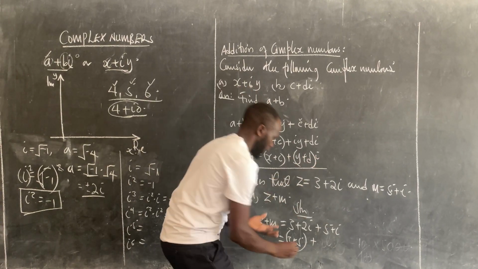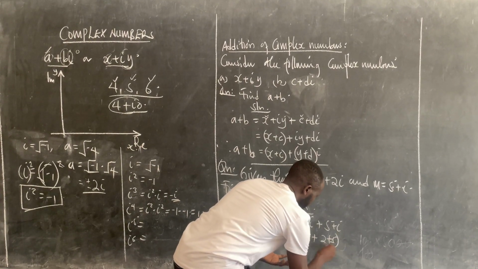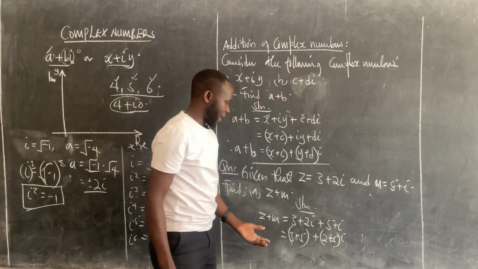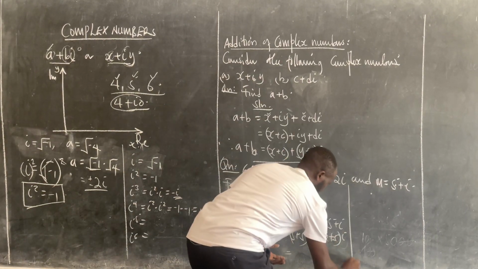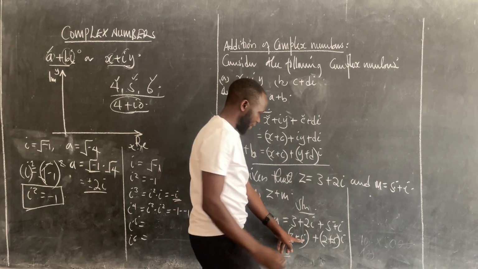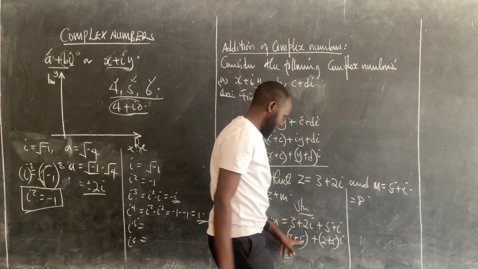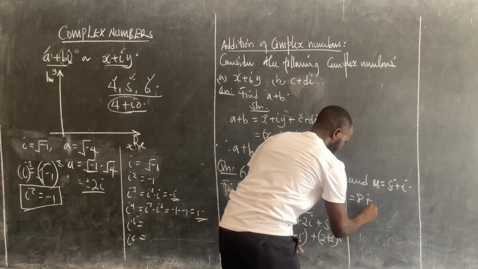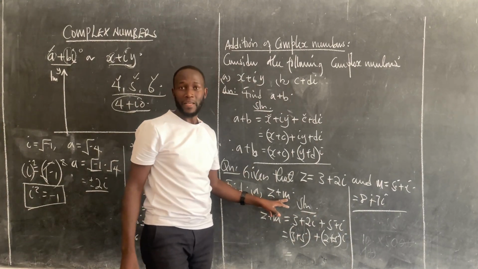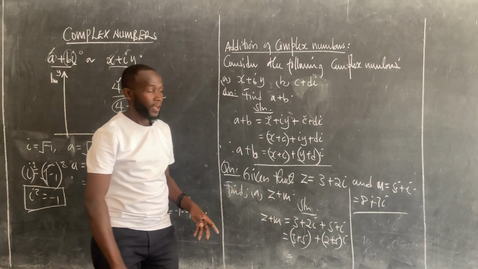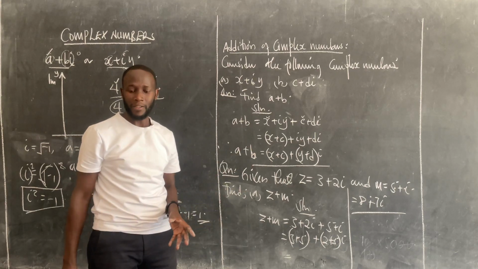So 2 plus 5 into i. If you add 3 plus 5, you end up getting 8. And 2 plus 5, you end up getting 7i. So this would be the answer for z plus m, if z and m are complex numbers. That is totally for addition.